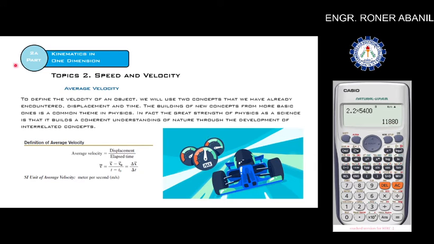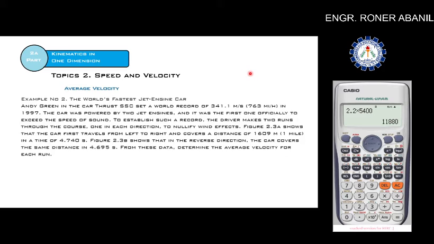So, tingnan natin kung may example. Ayan. So, meron tayong example dito. So, example number 2, Andy Green in the car Thrust SSC set a world record of 341.1 meters per second or 763 miles per hour in 1997.